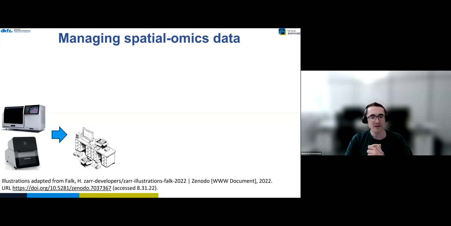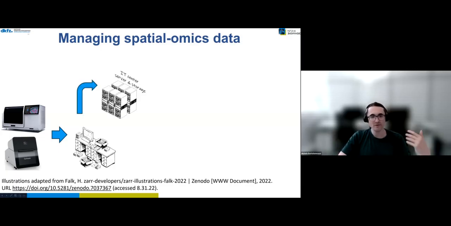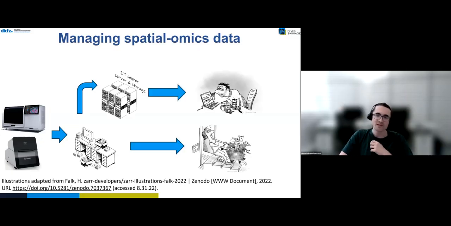So it really quickly gets very cumbersome having to move them around, either to local hard drives, going from the instrument to the local PC in the office, maybe uploading them to a central server, and then waiting for copying, upload, and download.